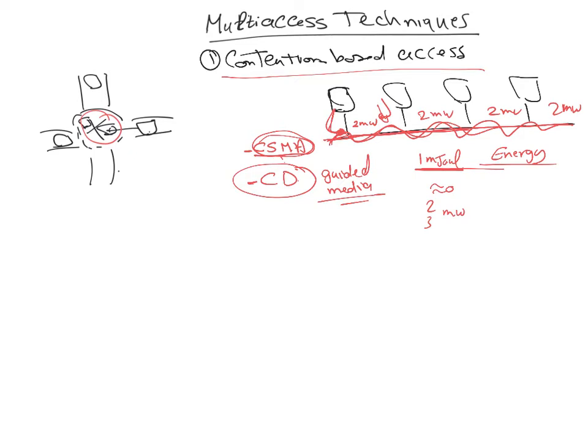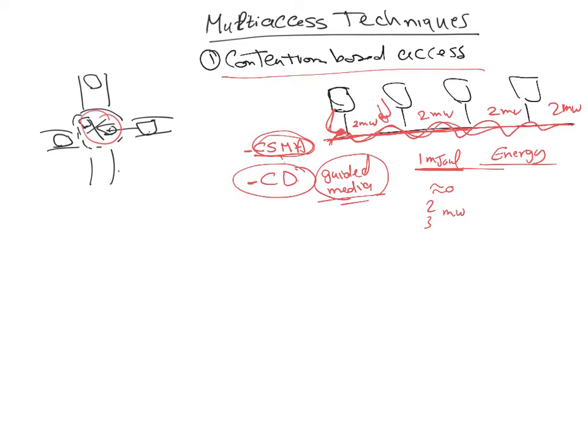It will be around 2 milliwatt across the entire cable, because it's a guided medium and the energy is going in a straight line. So now, when we have guided media, we can detect the collision.